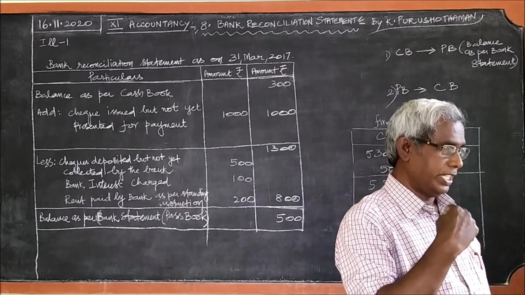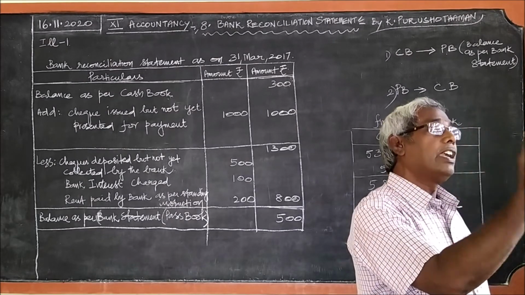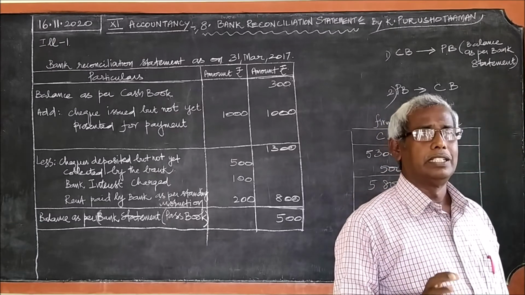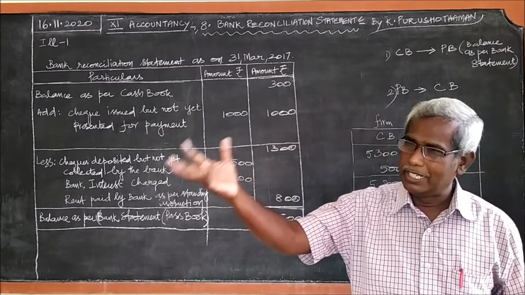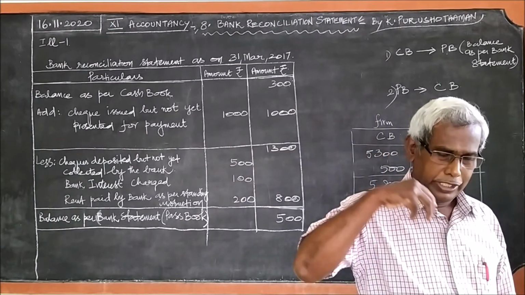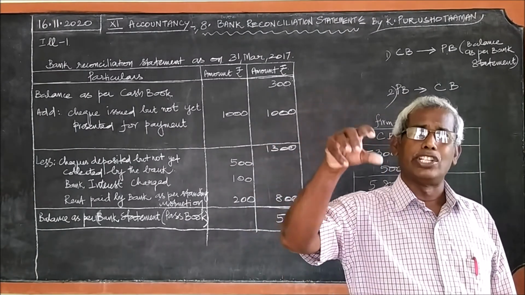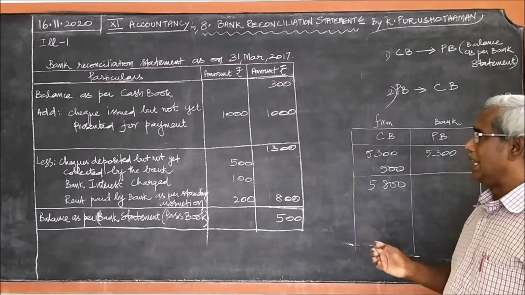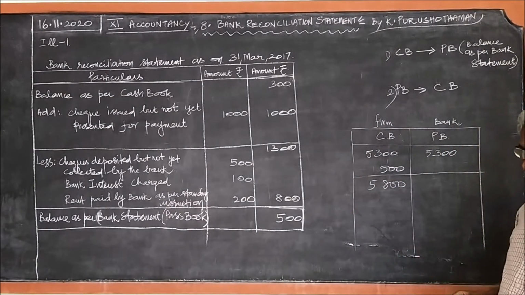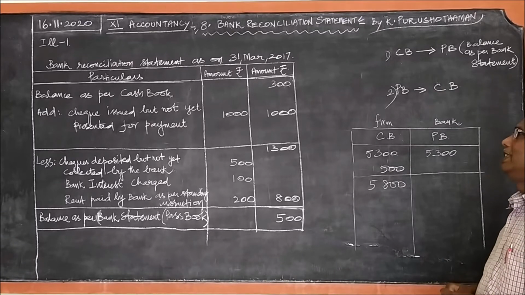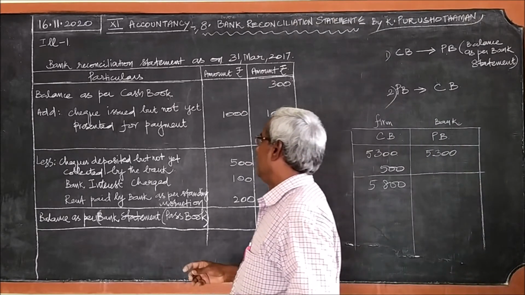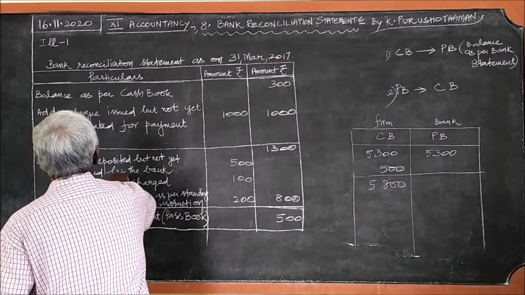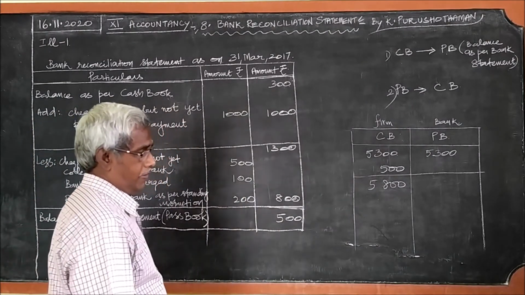My bank, Canara Bank, will contact IOB for the IOB check, Indian Bank for the Indian Bank check, State Bank for the State Bank check. If the balance is available in my account, the bank will credit the same into my account. That is, it is collected or credited by the bank.